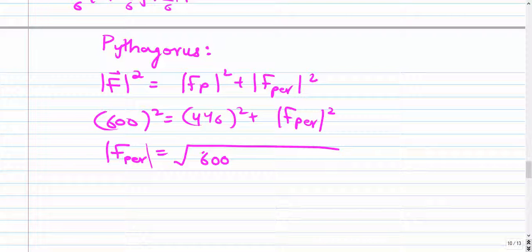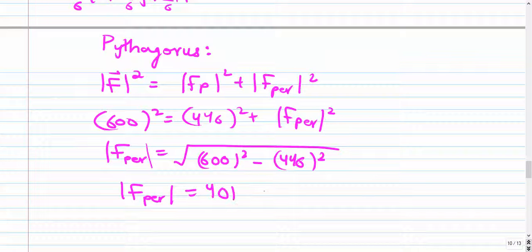So we subtract 446 squared from both sides, and then take the square root, and we end up with the perpendicular component equal to 401 pounds.